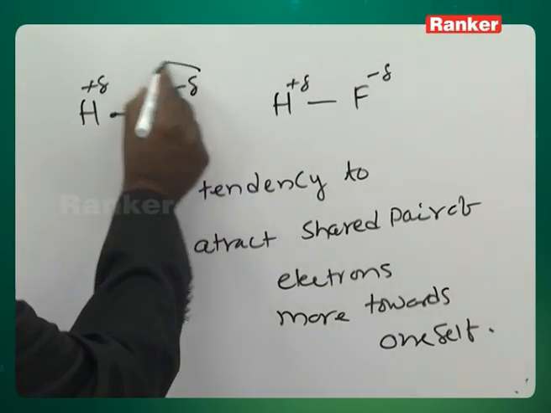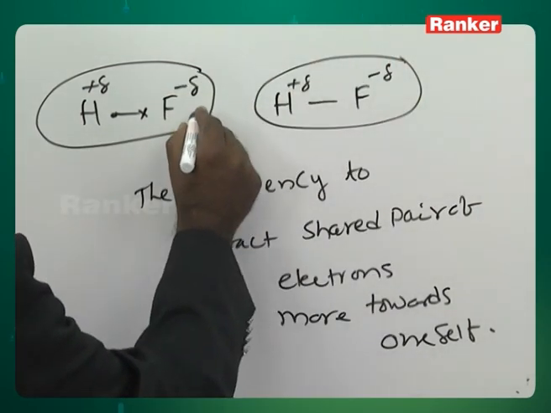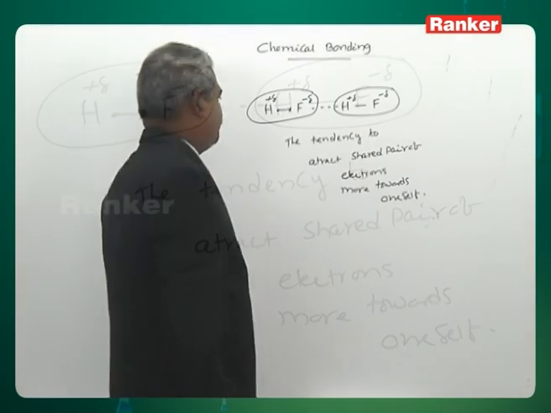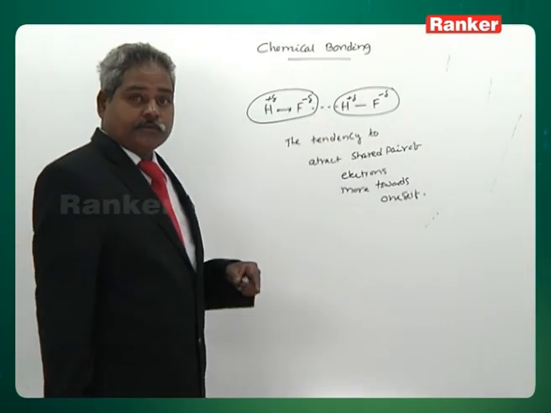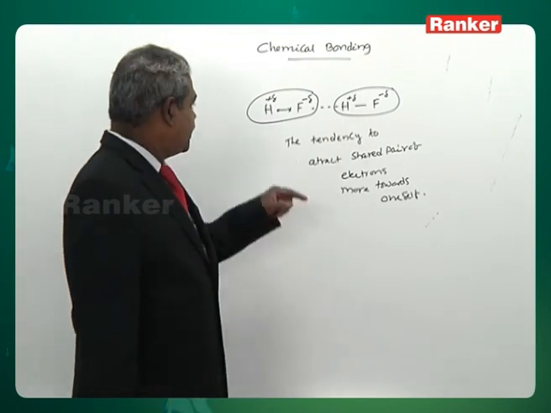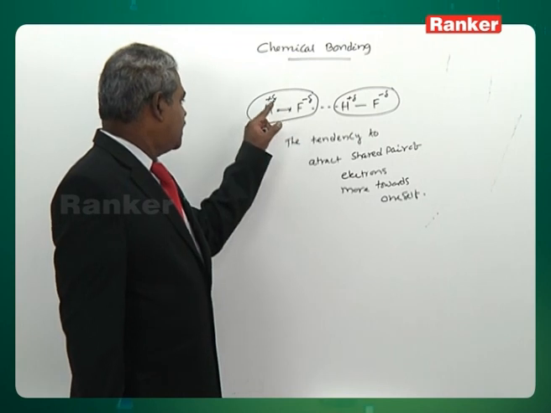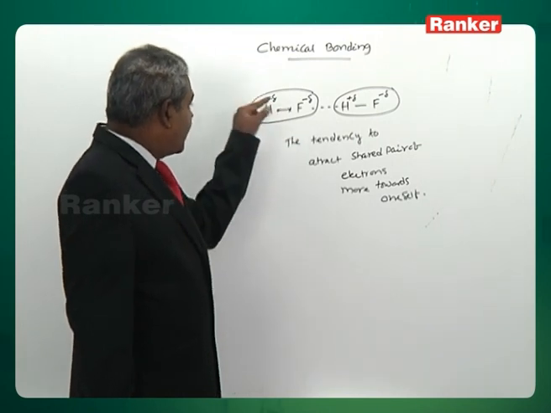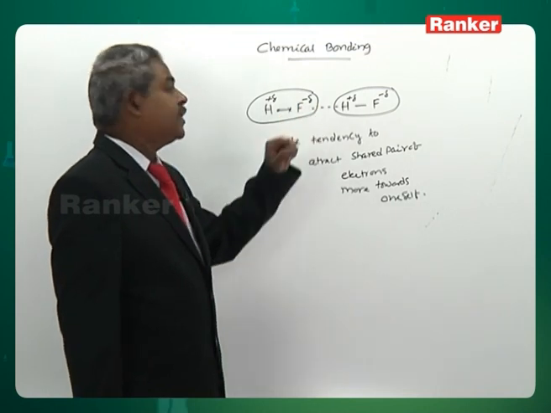So, between these 2 molecules a strong force of attraction is developed. It is attraction between molecules. Until now we have been discussing attraction between atoms only, the bonds inside a molecule. Now we are discussing an attraction outside the molecule.